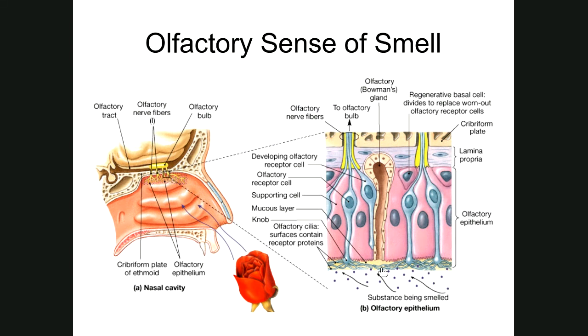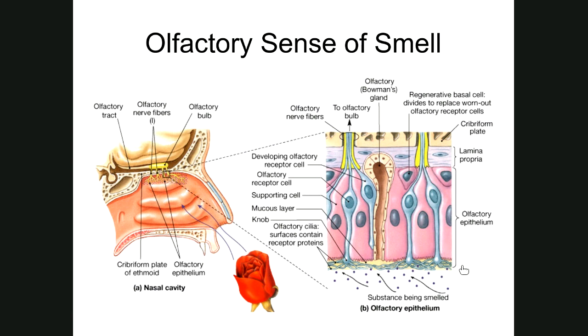You can see them here in the mucus, down at the bottom, which extend into the surface layers of mucus, where dissolved chemicals interact with receptors on the membrane surface. The cell body lies between the supporting cells. The axons of these bipolar neurons form cranial nerve number 1.